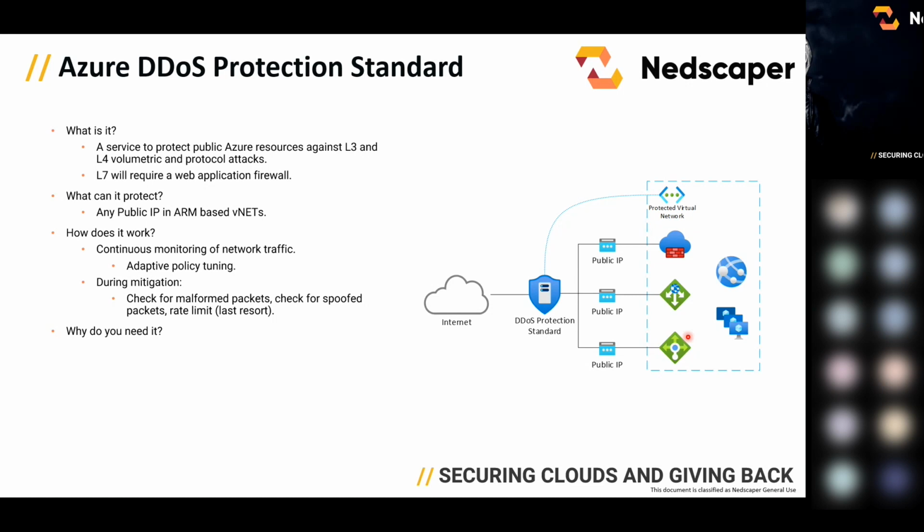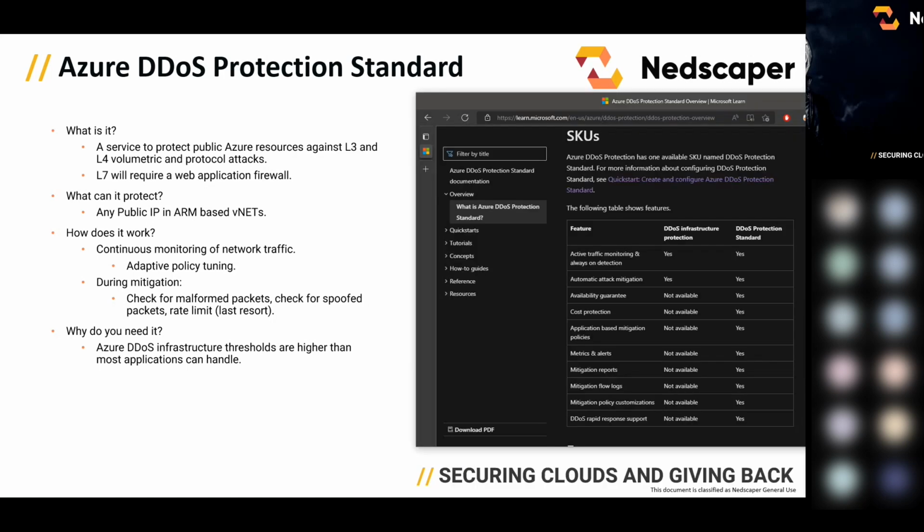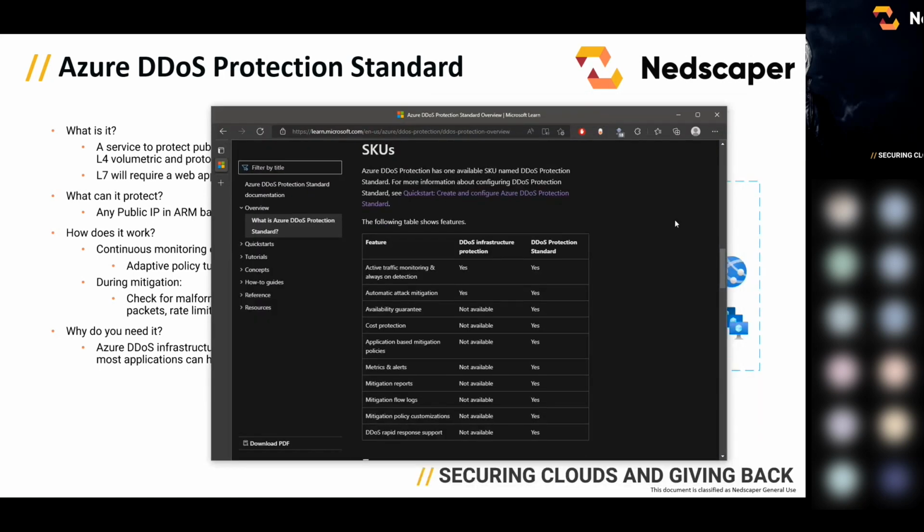So why do you need it? Let me bring up one other article real quick. This Microsoft Learn article, you might have seen this table before, and this one might confuse some people. It says automatic attack mitigation, yes, for both the infrastructure protection, which previously was called DDoS protection basic, and the DDoS protection standard.